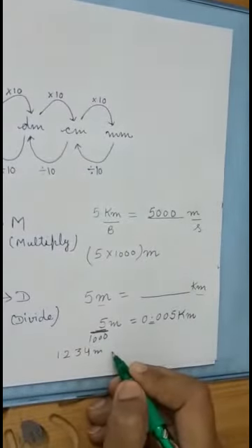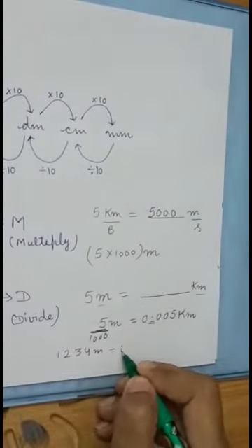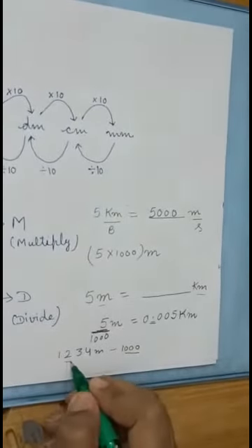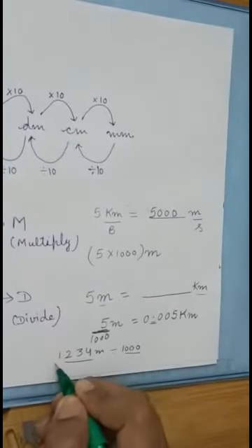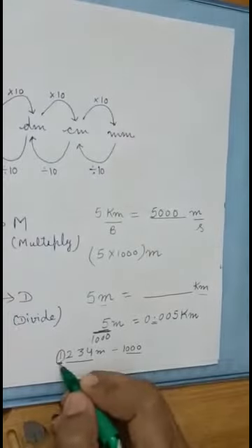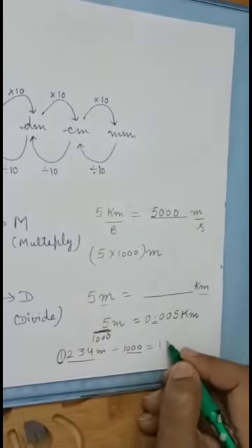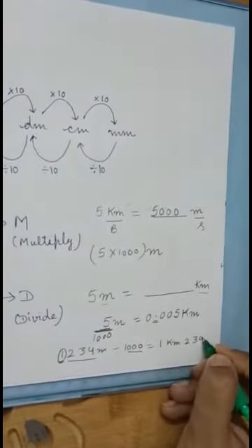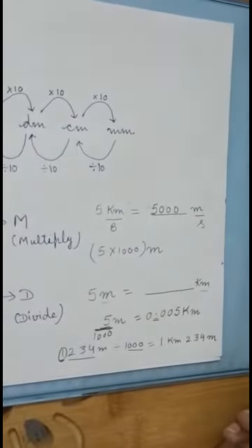So divide by 1000. You know that if I divide by 1000, then the last 3 digits will become meter, and the rest will become kilometer. So 1 kilometer, 234 meter. Okay.